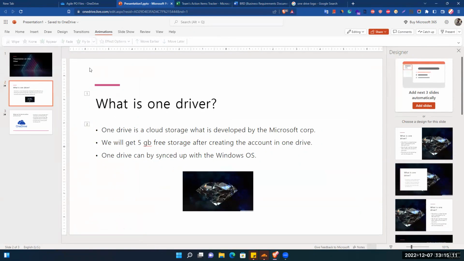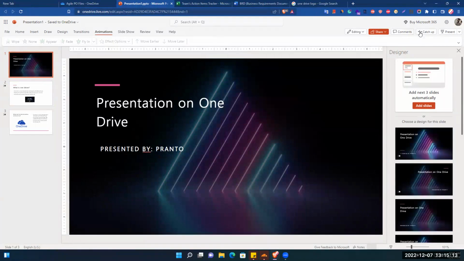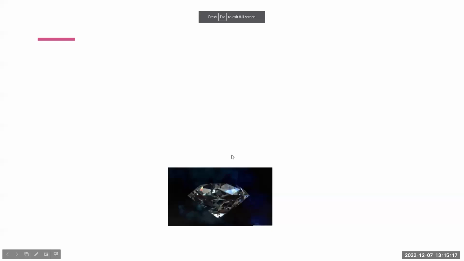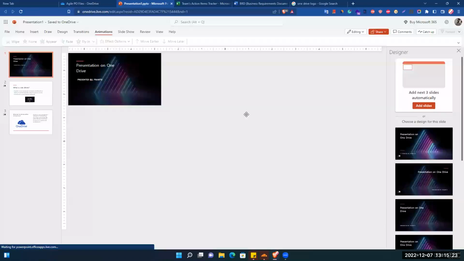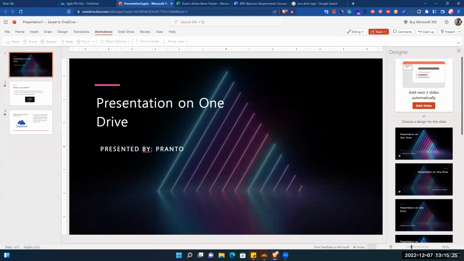Okay, so just present. So this is how you can add animations in your text box, in your images.